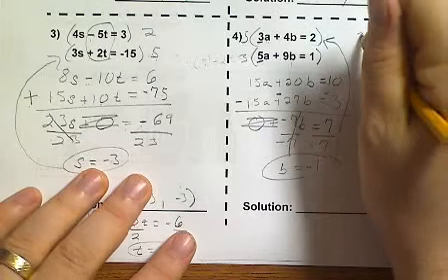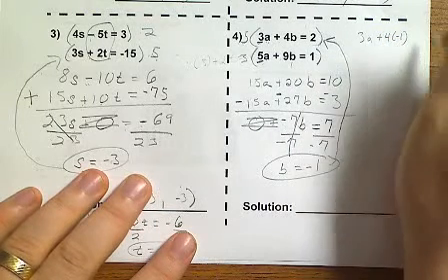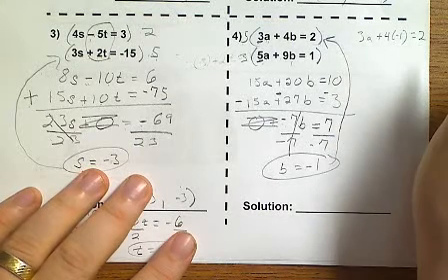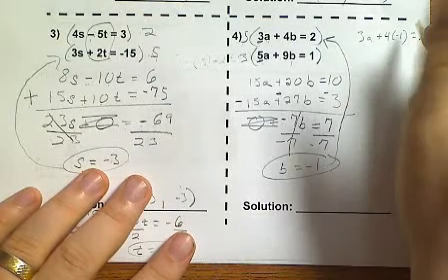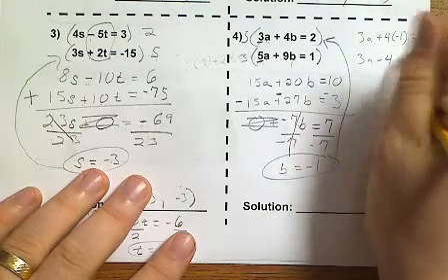So 3a plus 4 times negative 1 equals 2. Well, 4 times negative 1 makes negative 4, so 3a minus 4 equals 2.